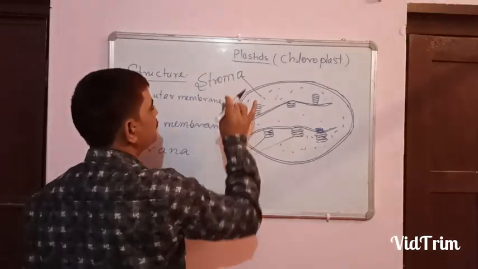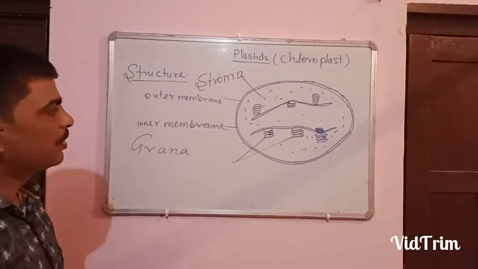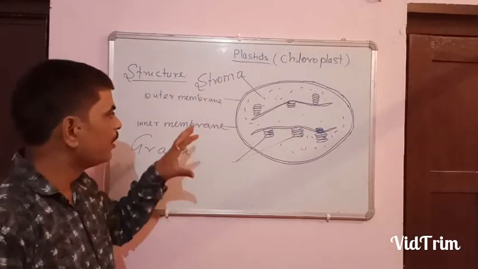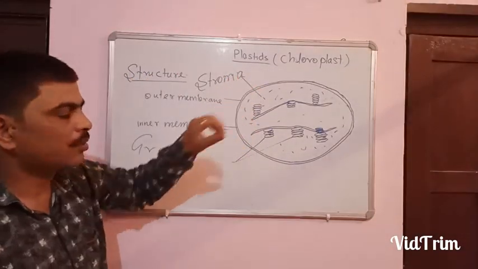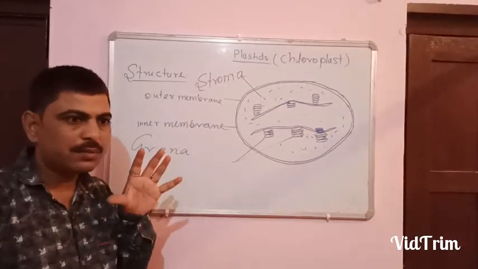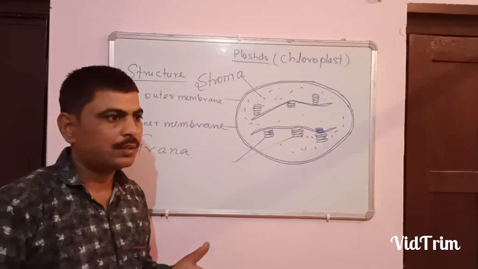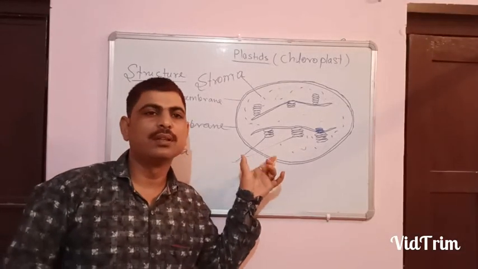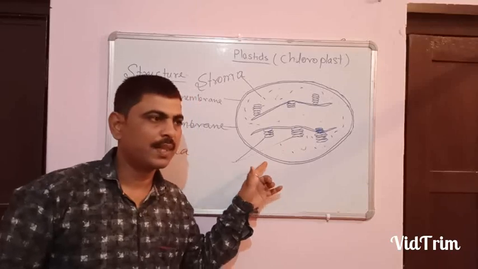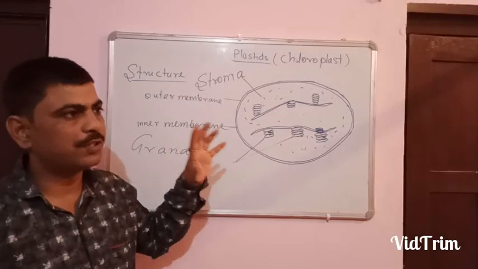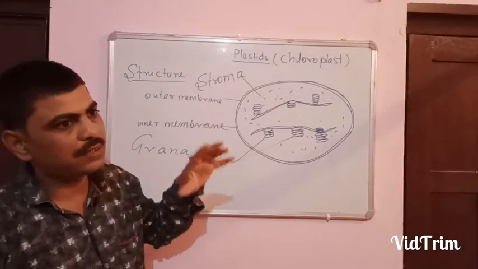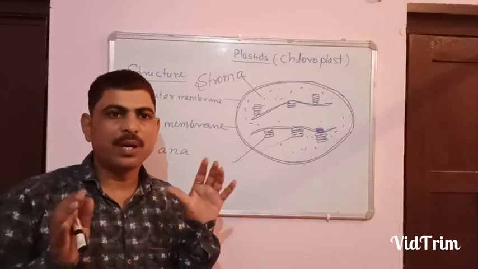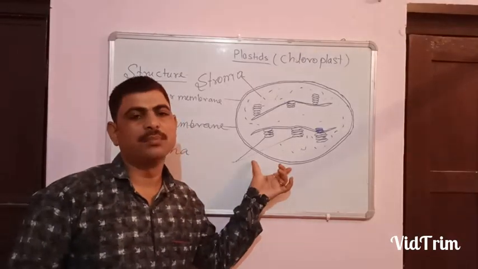Now let's talk about the structure. The chloroplast is a vesicle that lies in the cytoplasm and is bounded by a double layer membrane.